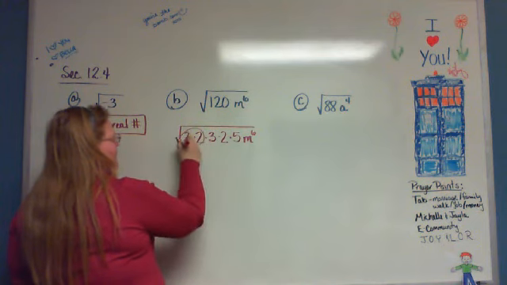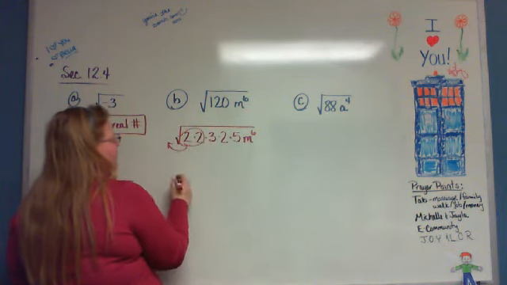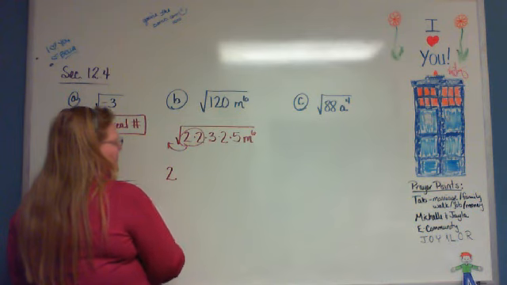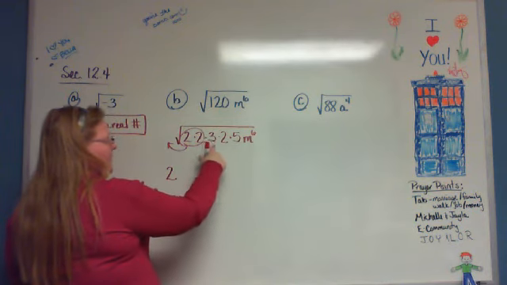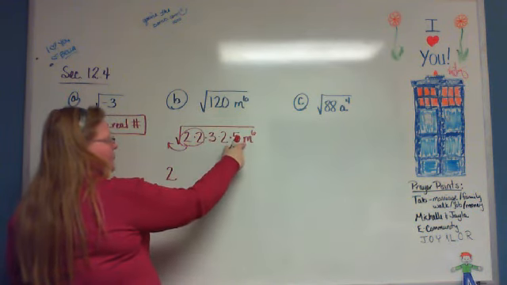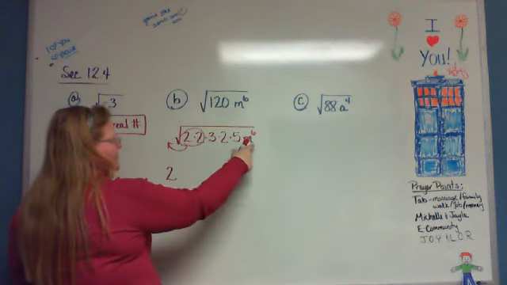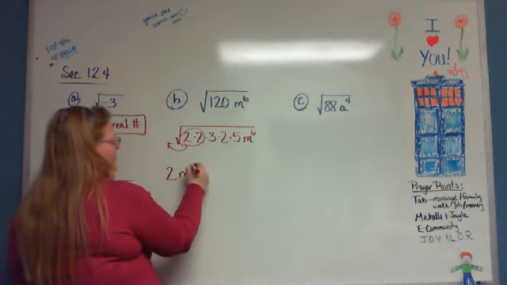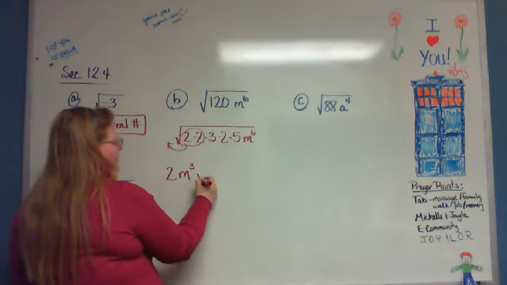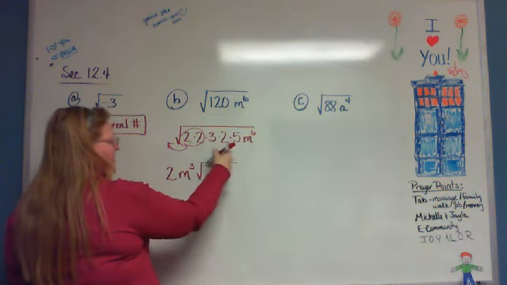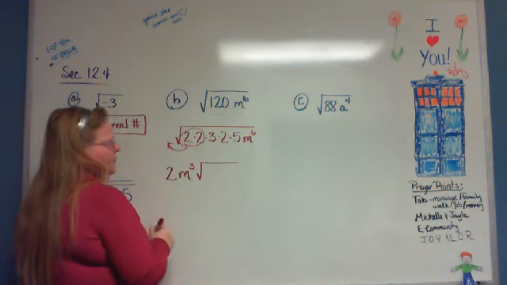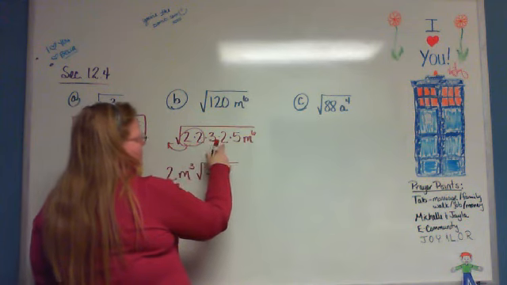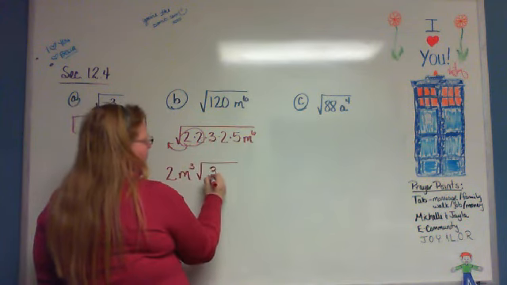It takes 2 to get out. So there's my 2 to get out. None of these can come out, but m to the 6, 2 goes into 6 3 times. Which leaves all this stuff inside. Go ahead and multiply it all back together. 3 times 2 is 6 times 5 is 30.